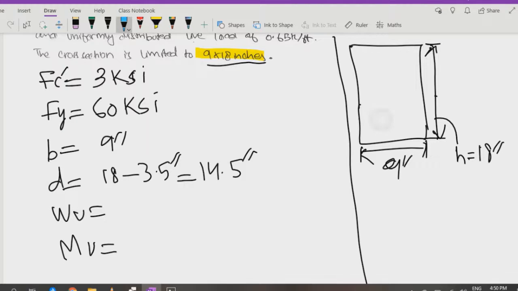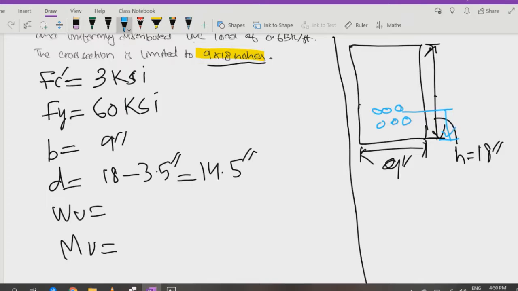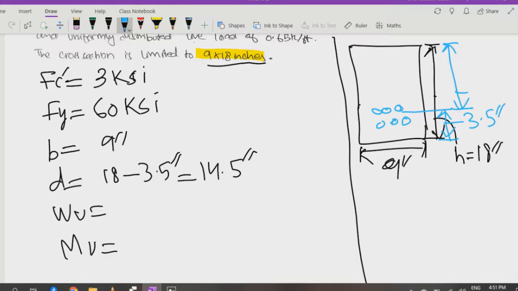We are assuming that these are our bars. Usually we provide these tension bars in 2 layers, in 2 rows. So we assume that cover plus half of the bar distance is 3.5 inches. So we get our effective depth d from this point to this point equal to 14.5 inches. Another thing we require is d dash.